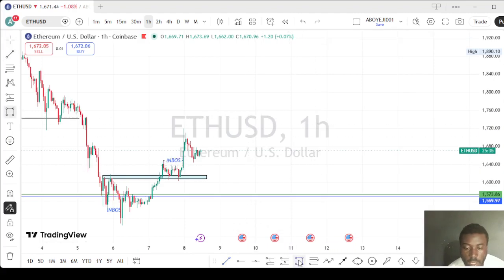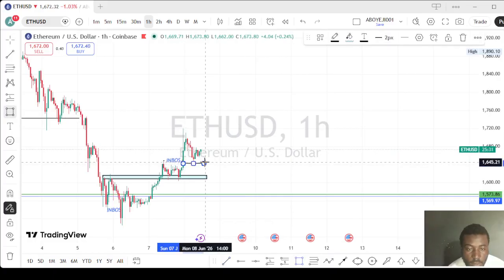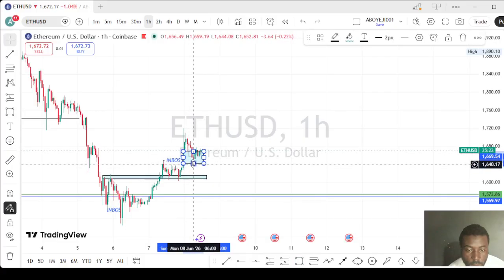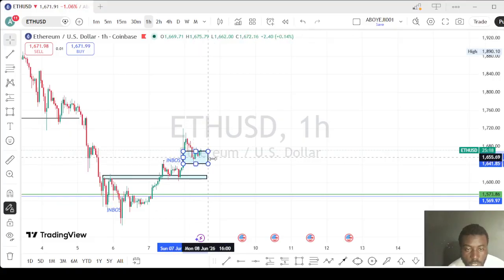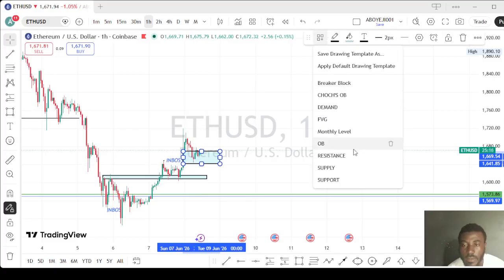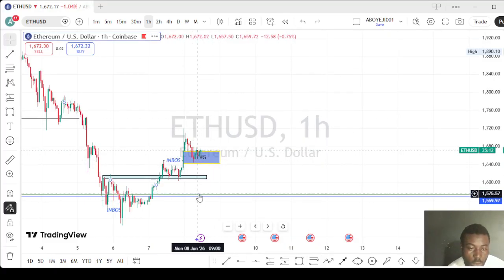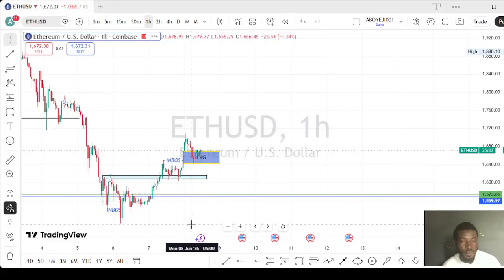And let's see, this is the FVG. So let's see if the market is respecting this FVG, or if the market is not, because you can see an uptrend again.